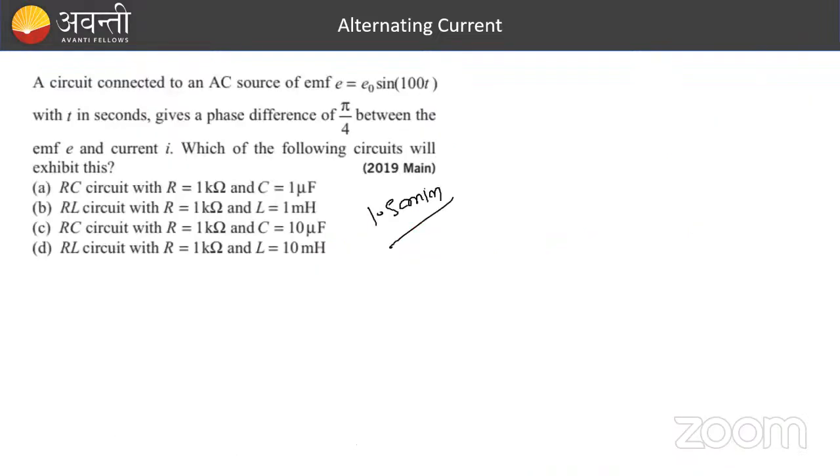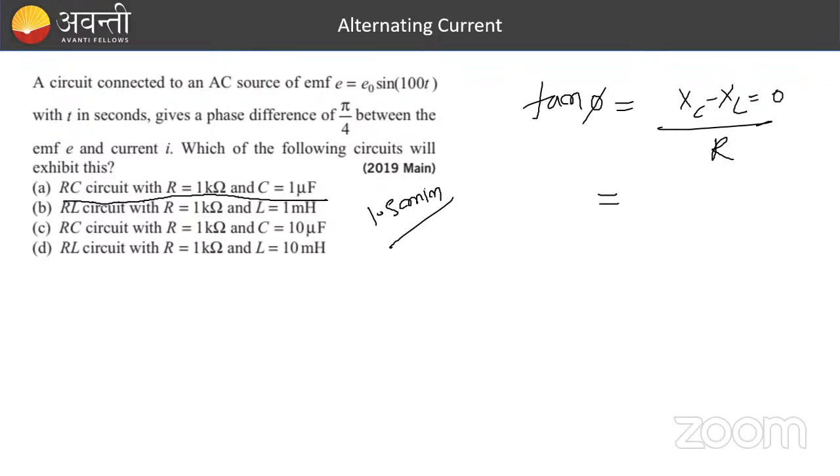ठीक है. तो यहाँ पे तुम्हें क्या निकालना था? In the question it was given, phase difference is pi by 4 between EMF and current. So tan phi you will write as XC minus XL by R. Done. Now try putting in the things. RC circuit with R 1 kilo ohm, C 1 microfarad. तो यहाँ पे L तो है नहीं, so XL is 0 here.